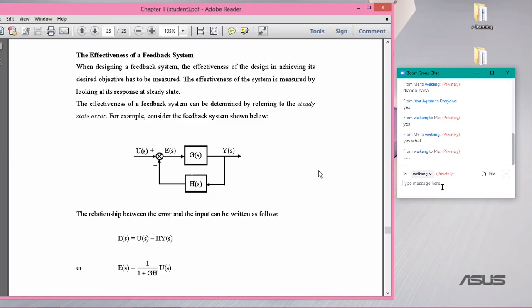The test is going to cover up to time response of first order system. If you have submitted your first assignment, before you go into your first test, you should at least finish question 1 of assignment 2. So the first test is going to cover up to question 1 of assignment 2.